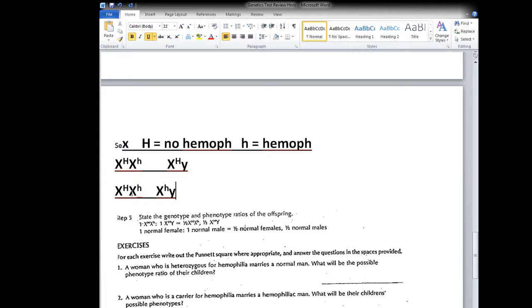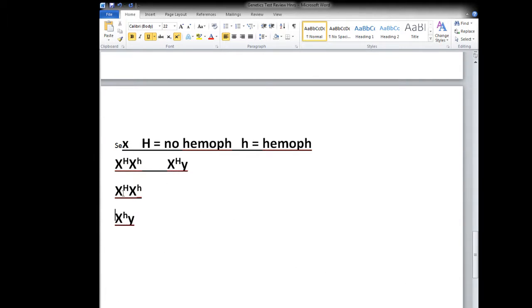And I guess just in case you're not sure, I'll do the Punnett square. Why not? So X big H, X little h, X big H, XY. Okay, so we're gonna, how do I want to do this? This way. Okay. So first of all, this X big H is gonna come right here.